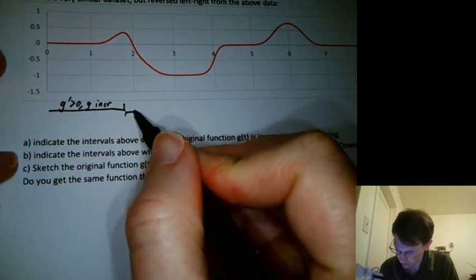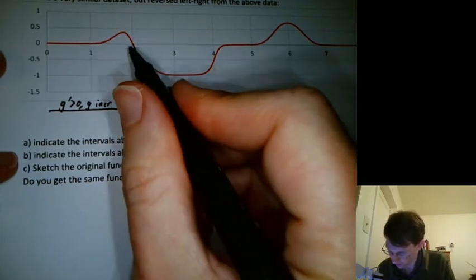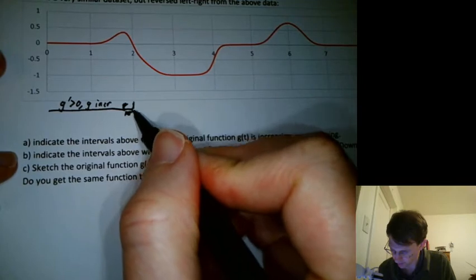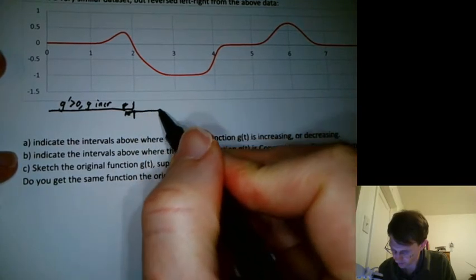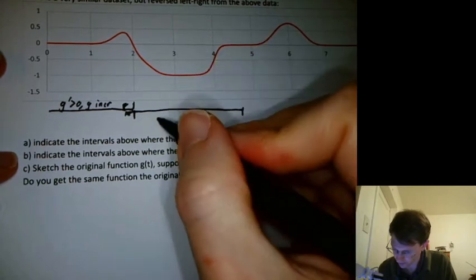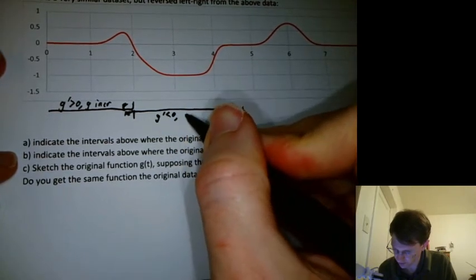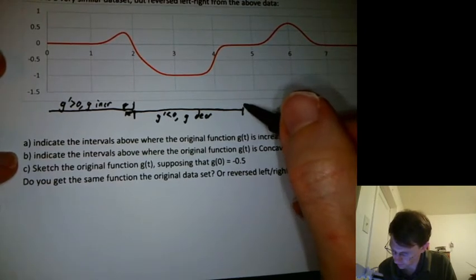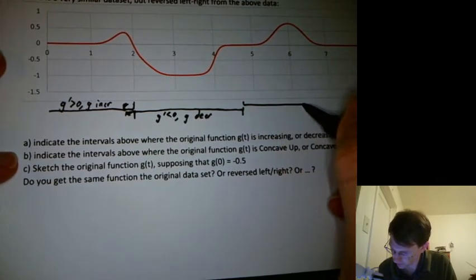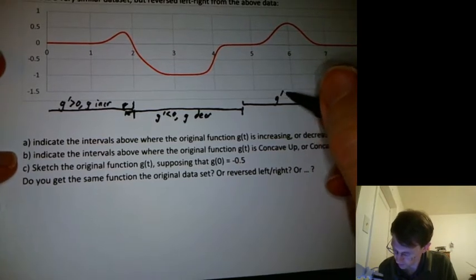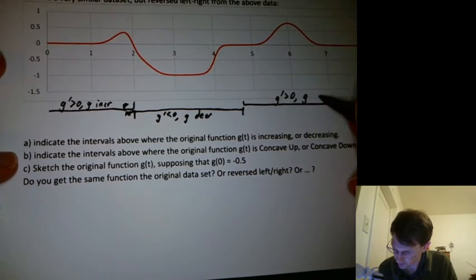That g prime is positive all the way to here, isn't it? Not there. And then from here to about there, g prime is negative, g is decreasing. And then from here pretty much onward, g prime is positive, g is increasing.